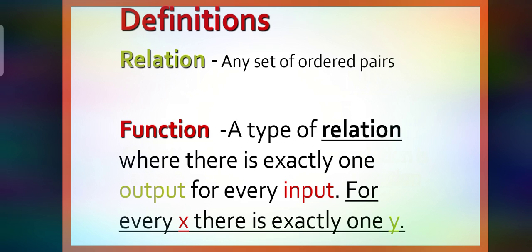The elements of the domain can be imagined as input to a machine that applies a rule so that each input corresponds to only one output. Again, a function is a set of ordered pairs, x, y, such that no two ordered pairs have the same x value but different y value.